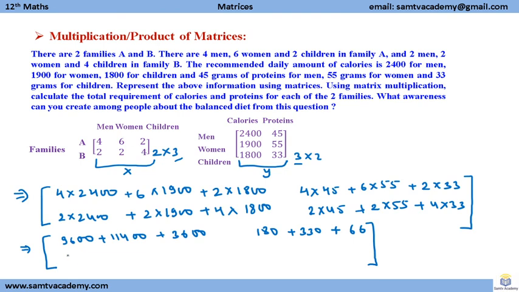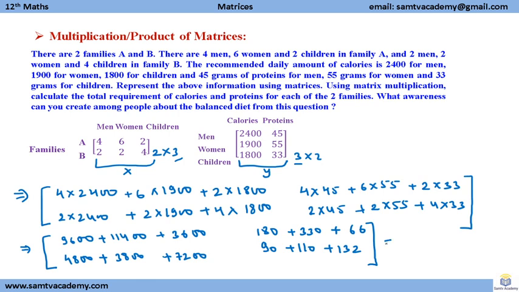And here it will be 4800 plus 3800 plus 7200. Here, 90 plus 110 plus 132.